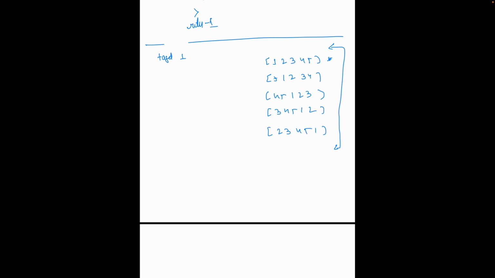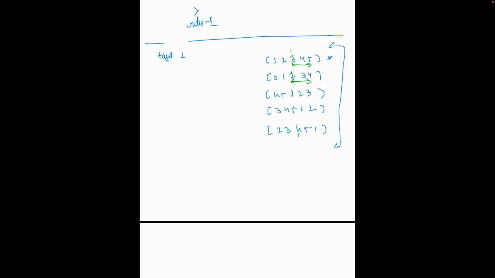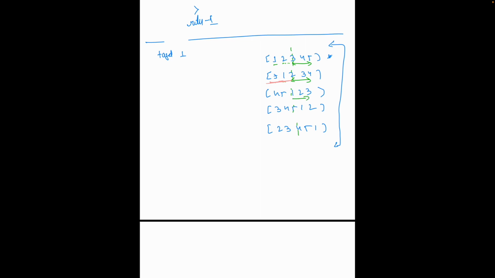Now if you see, what binary search does is it divides the array in half, which we can start doing. And then every time you divide this array in half, one half will always be sorted. So this is sorted, this is not sorted, this is also sorted. Let me take another one.